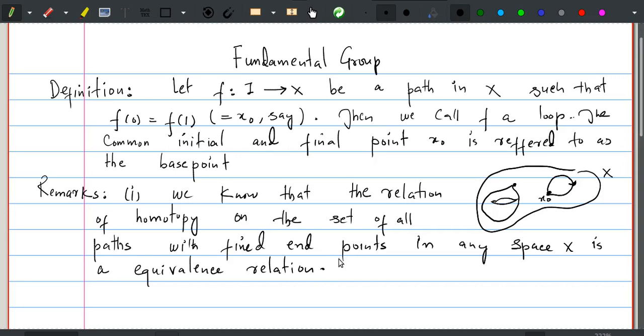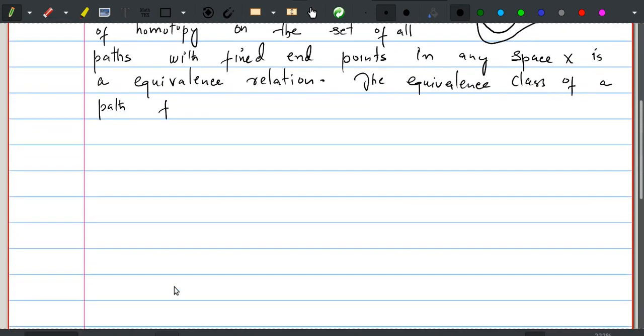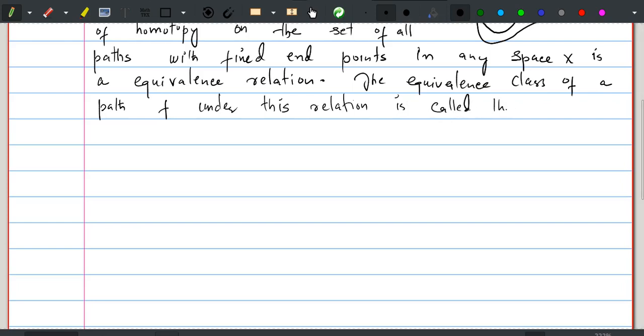The equivalence class of a path f under this relation, I mean the homotopy relation, is called the homotopy class of f.